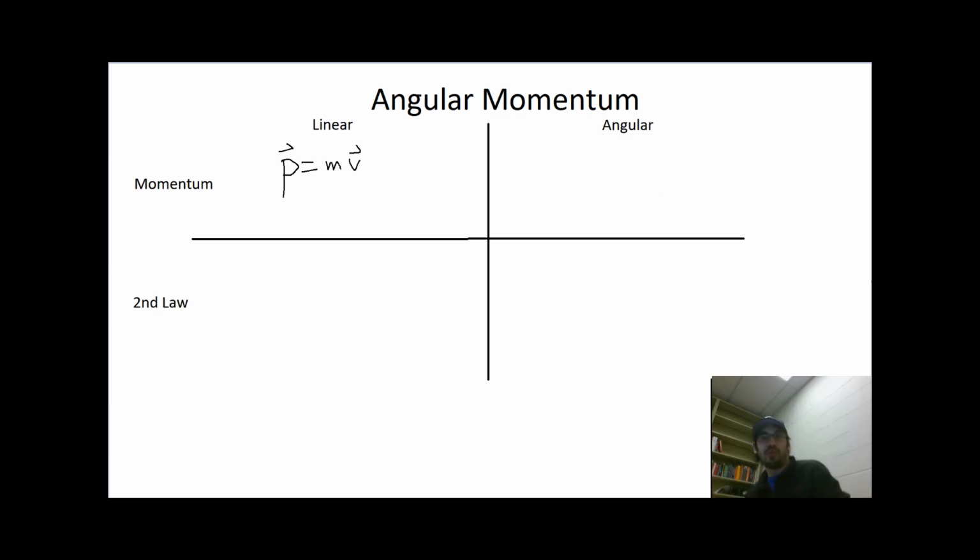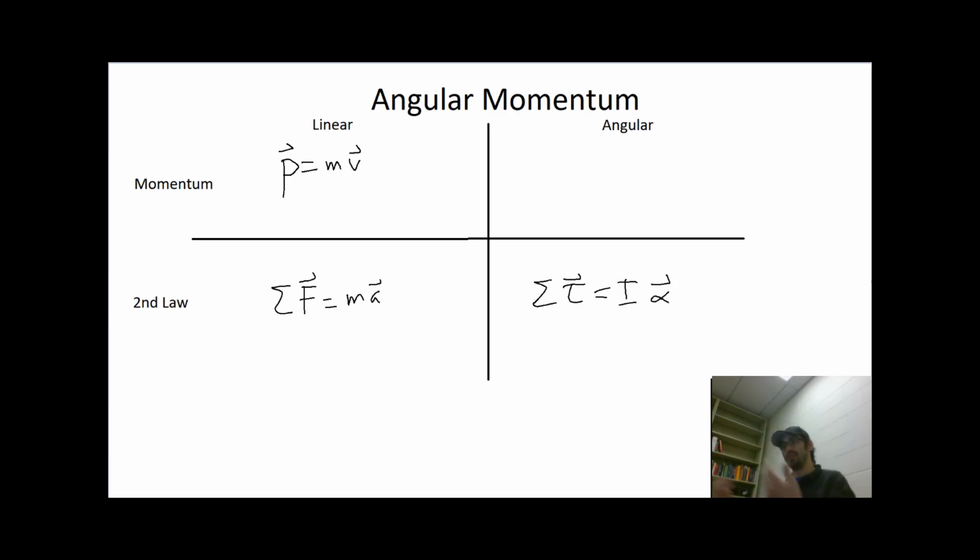While we're on this linear side, we might as well put in our equation for Newton's second law for translation. So that says that the sum of the forces is equal to the mass times acceleration. And from the torque video, we know that the sum of the torque vector is equal to I times alpha vector.